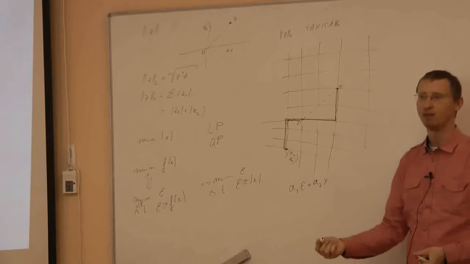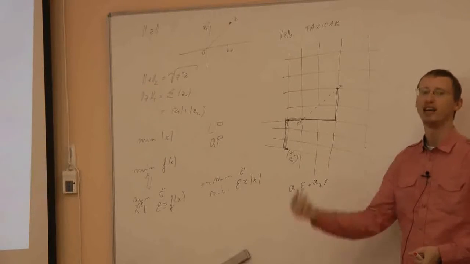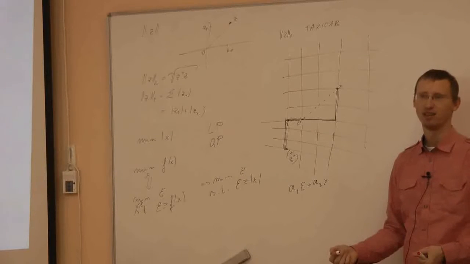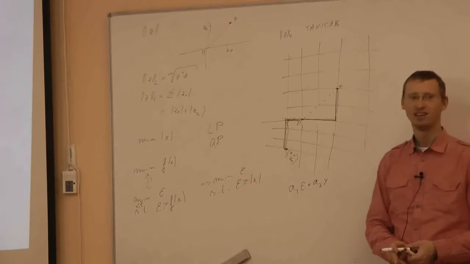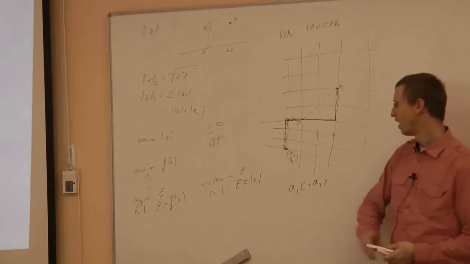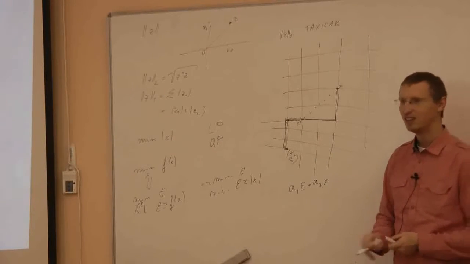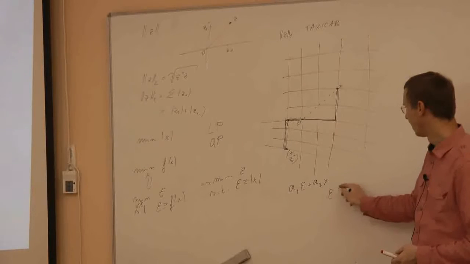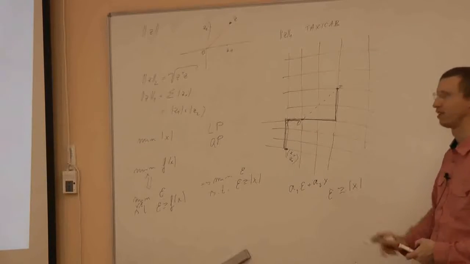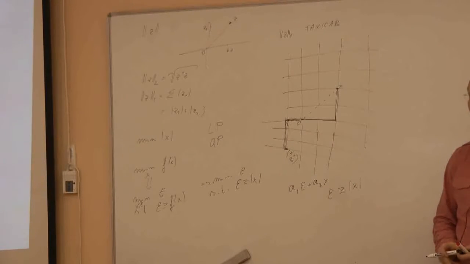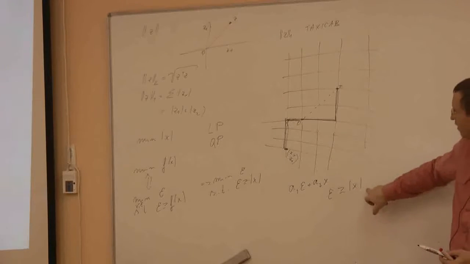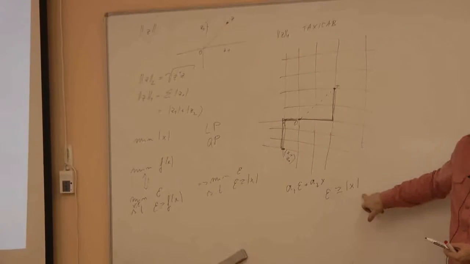But linear programming needs to have linear constraints. Are the constraints linear? Not really. This is not a linear function. However, when is epsilon larger than the absolute value of x? We can actually write this constraint as two constraints.